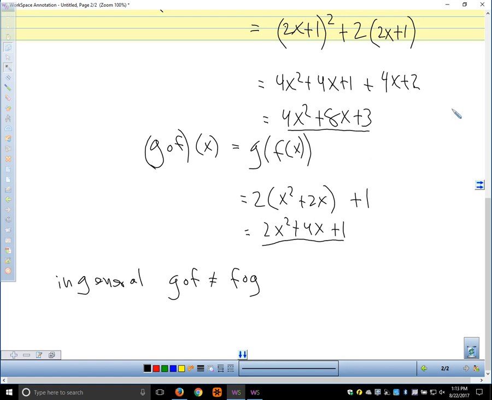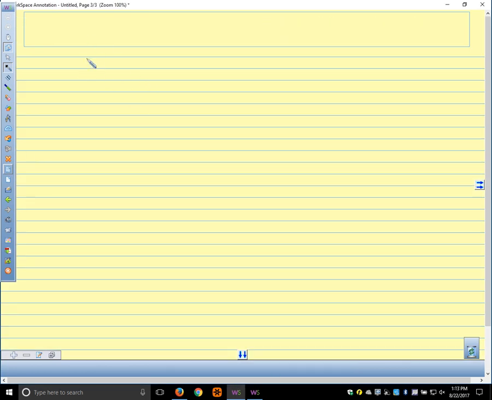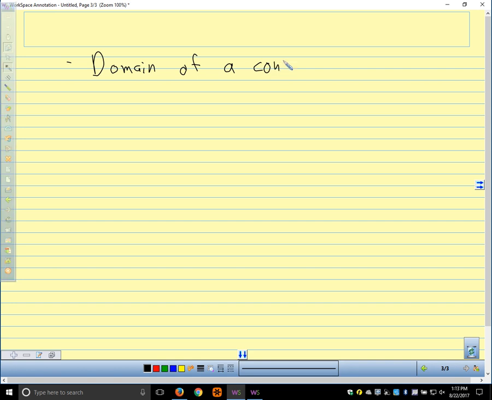One thing we have to be careful with compositions is the domain of the composition, because there are two things that are contributing to our final function. So I'm just going to make a note here and say the domain of a composition is restricted by the final composition and by the inside function.